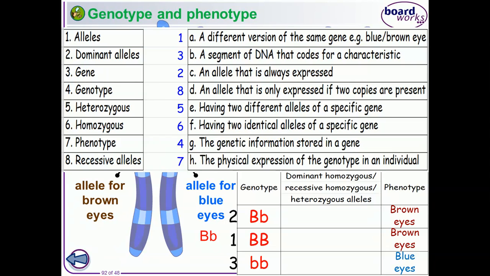And then using the information we just covered, we should know that for person 2, their genotype is capital B, lowercase b. That means that both alleles are different to each other, and because they're different, this person is heterozygous for that allele.